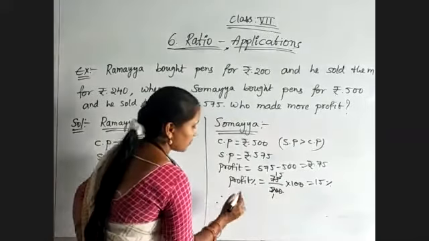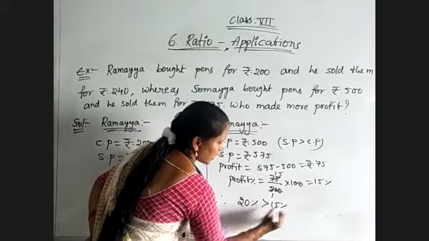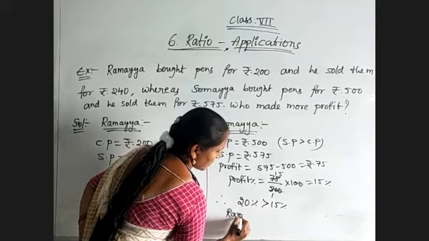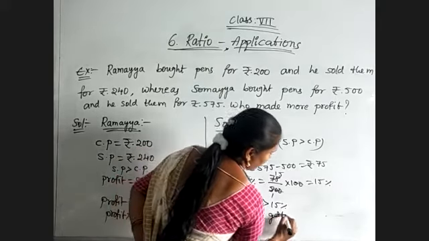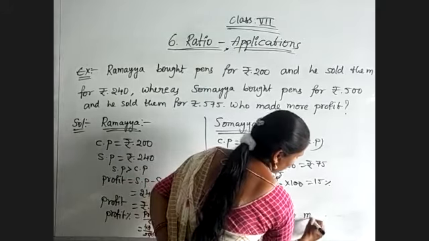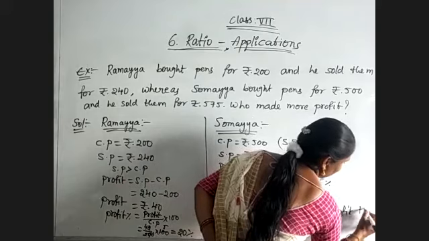Therefore 20% is more than 15%. Ramaya is getting more profit than Somaya.